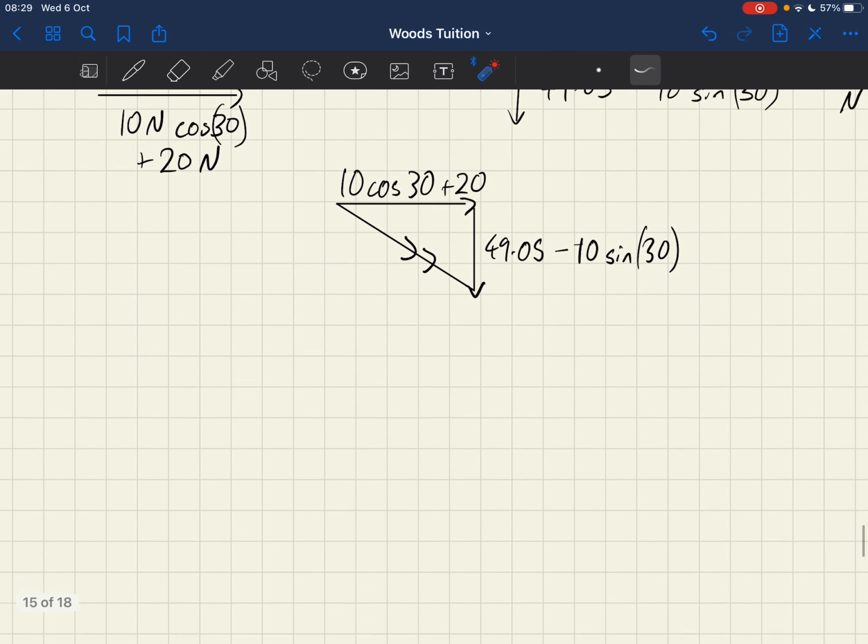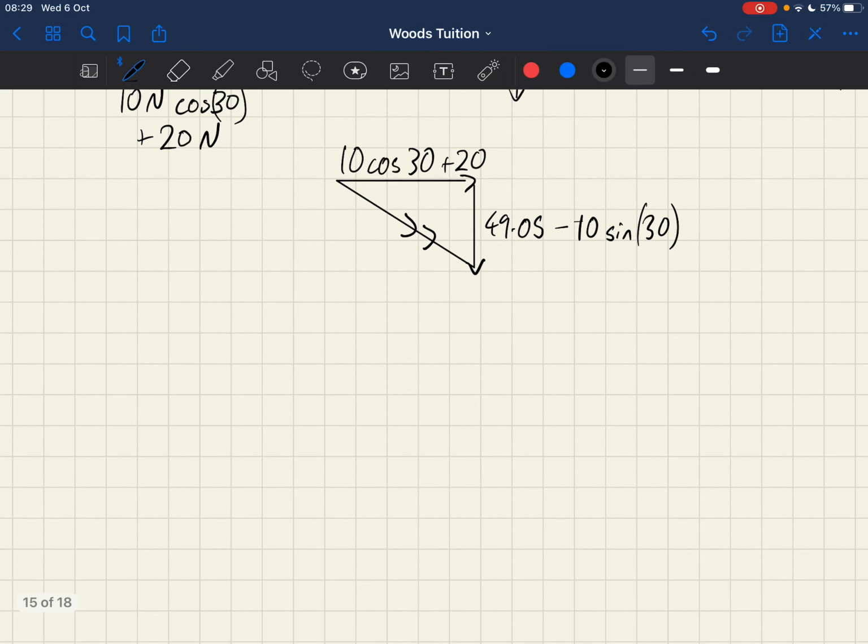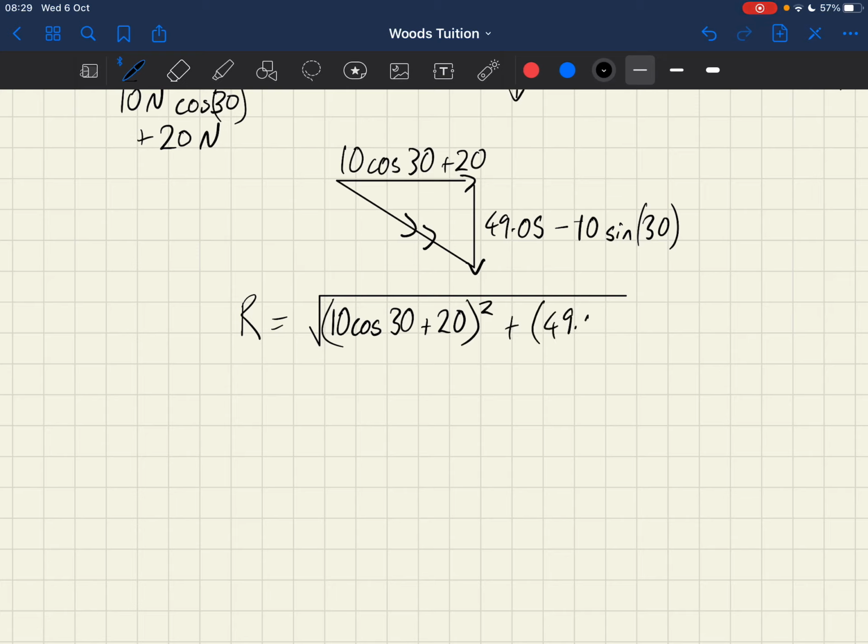So the resultant vector is going to end up being equal to the square root of (10 cos 30 plus 20) squared plus (49.05 minus 10 sine 30) squared.